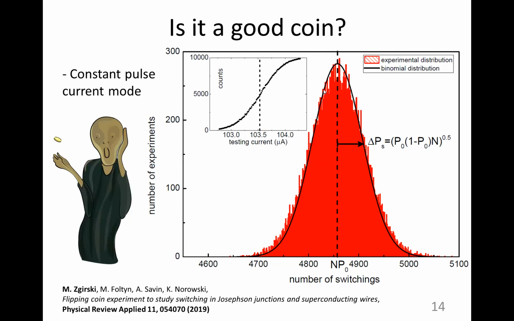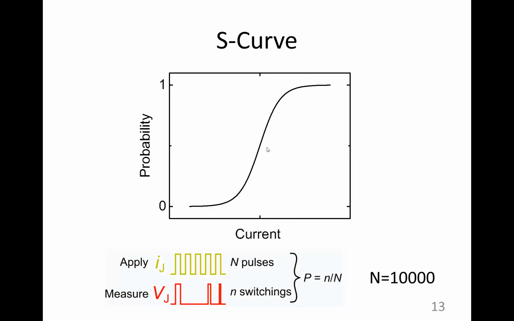Now the thing is that you can tune the probability of the switching by a current. So let's just take the probability of 0.5, and the probability of 0.5 resembles a very simple statistical experiment, which is a coin flip. So you can obtain heads or tails.